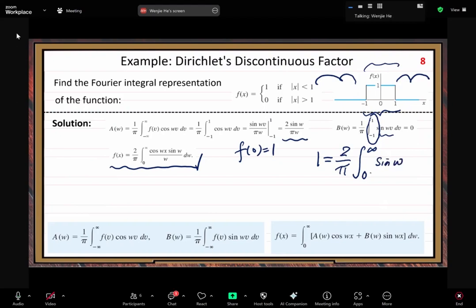Then you take the integral over w, and you get that formula. Unexpected, right? Then you do some simplification, and the integral from 0 to infinity of sine w over w equals, after multiplying to that side, pi over 2.